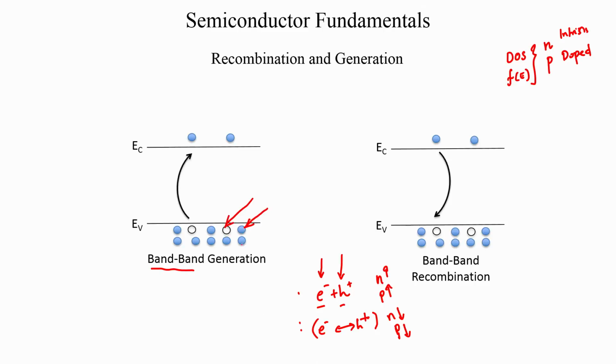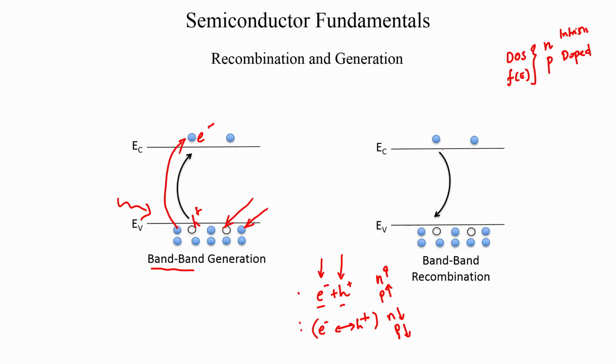You have electrons here which are bound to the silicon atom, and these electrons get some energy, either because of thermal energy or perhaps a photon interacting with them, and this electron is now excited and has enough energy to get into the conduction band. That is called band to band generation. So you have created an electron in the conduction band, and this electron has left behind a hole in the valence band. Now what is band to band recombination? It is exactly the opposite process.